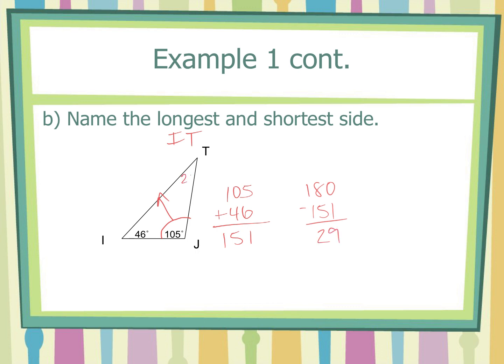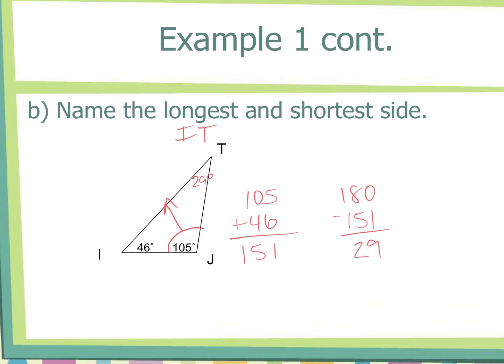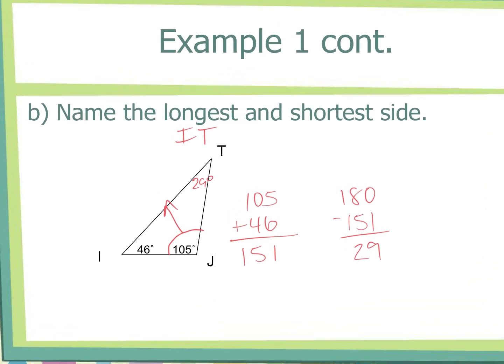So I know that T has to be 29 degrees. So which of the 3 is my smallest angle? The 29, right? So T. Go across. What side is across from the smallest angle? IJ must be my smallest side. Does that make sense to everyone? Are there any questions? Ask me now.